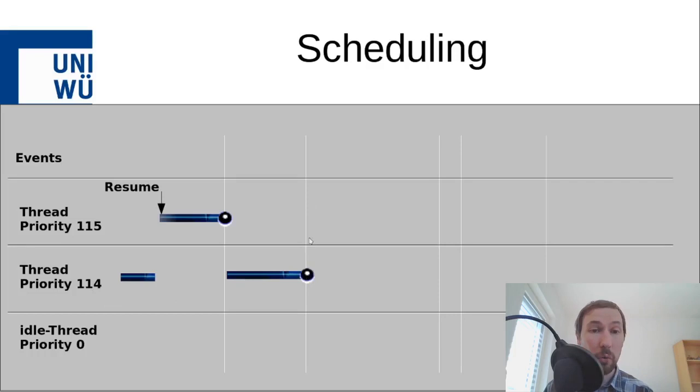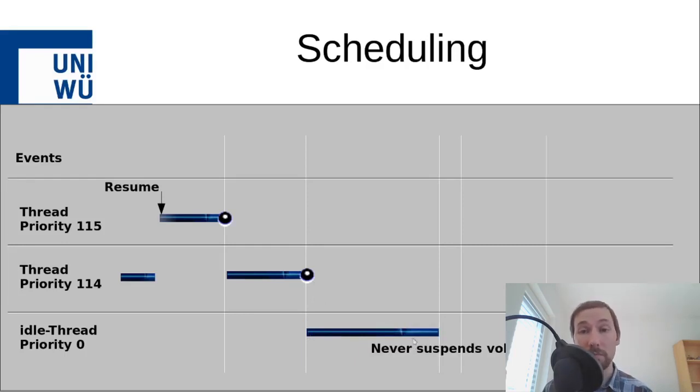That means no thread is currently active, and as a consequence, the idle thread is running. The idle thread is running as long as no other thread is active, and it never suspends voluntarily. So when a thread is resumed, it's executed. The only thing that suspends a thread non-voluntarily is if some event, for example, an interrupt, happens.